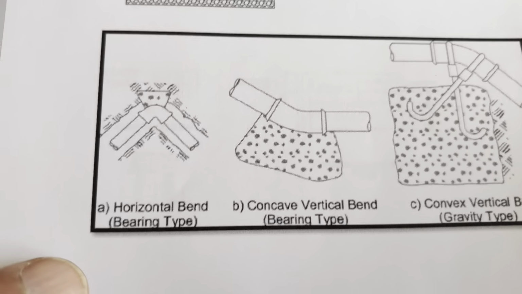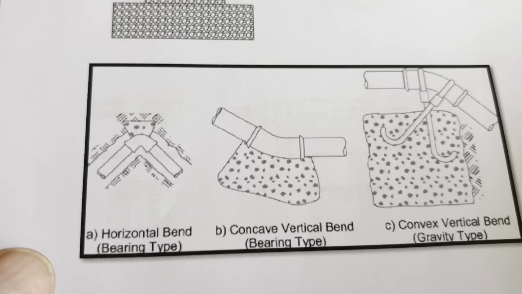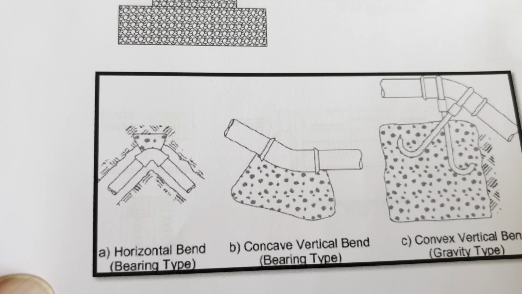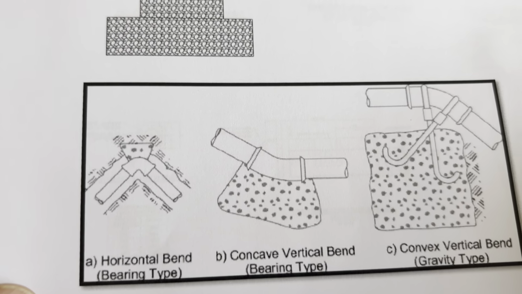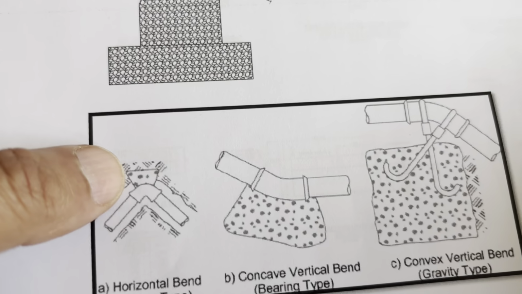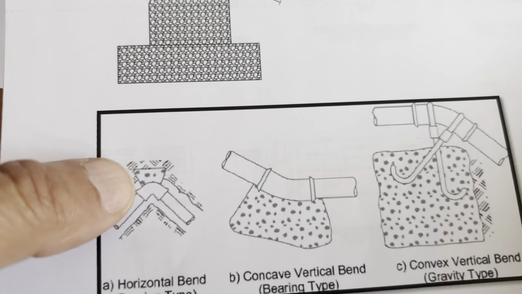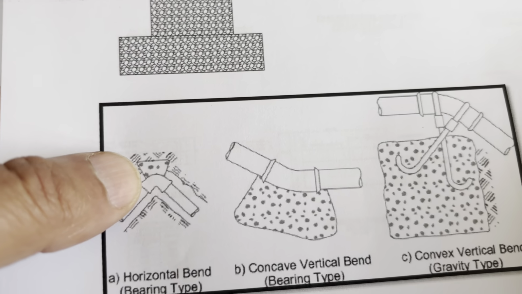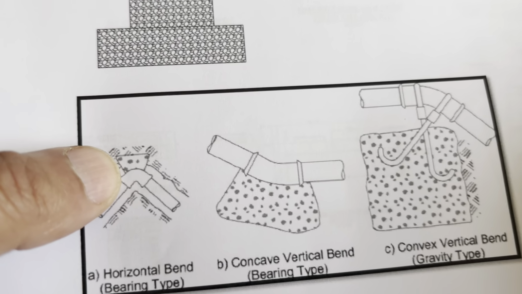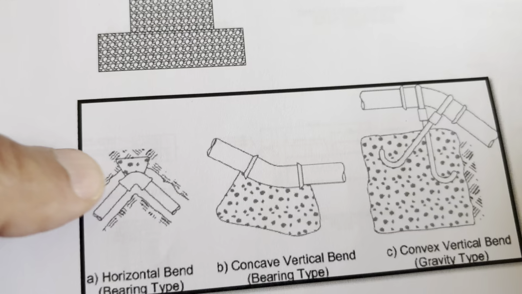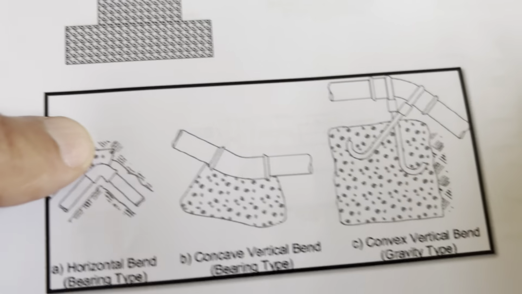Here the first one, A, is where we have a bend in the direction of the fluid, so we have a thrust block that takes the load. It is something like a cushion or support to take the load and transfer it to the soil here.